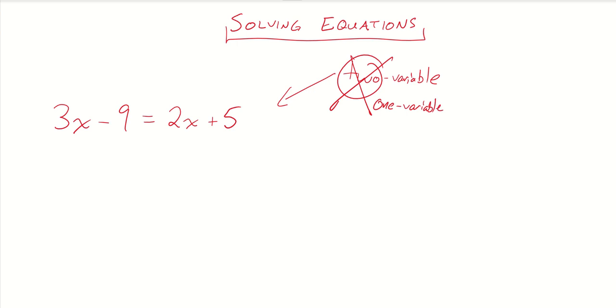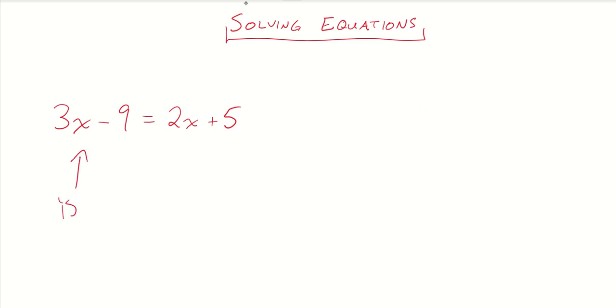And what we're going to need to do is we're still going to need to isolate the x variable. And to do that, we're going to need to collect these two x variable terms into one term. So let's collect these like terms together first.